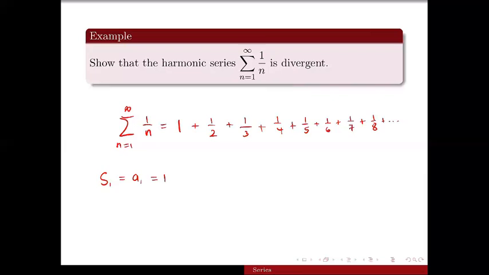Next, let us calculate S sub 2. S sub 2 is just A1 plus A2. This is 1 plus 1 half, and this is greater than 1.